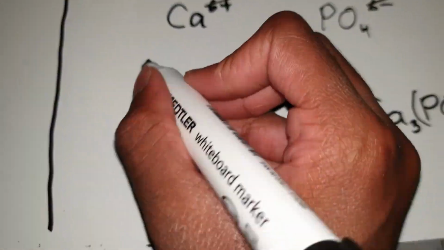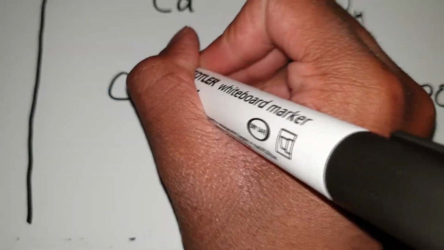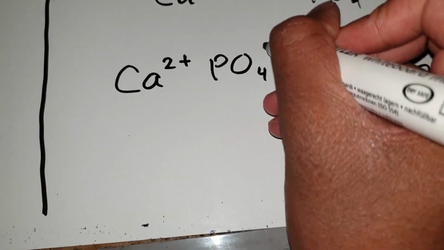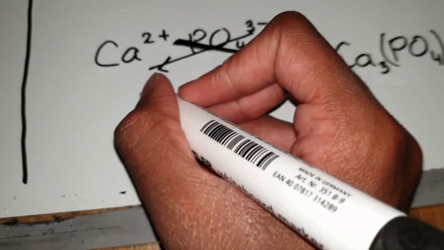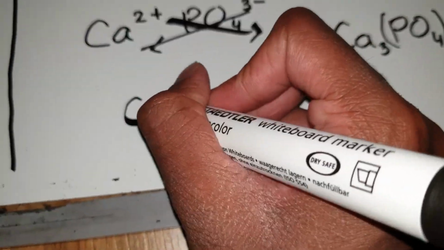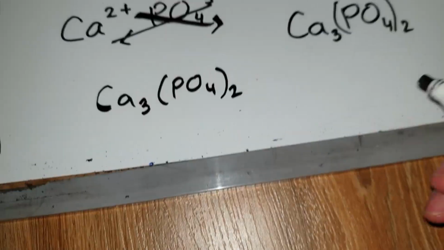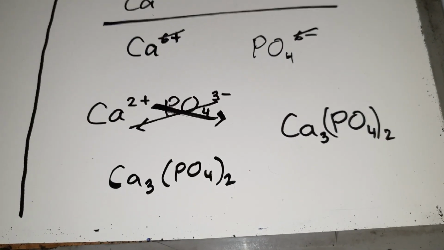Similarly, if we just use the cross method, we can just swap the charges once again. Ca2+, PO4 3-. We can just do the same thing as before, cross method, and write Ca3(PO4)2. It's very similar to ionic compounds.